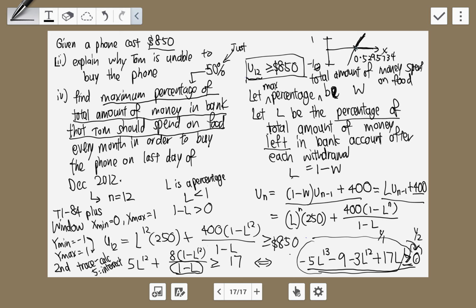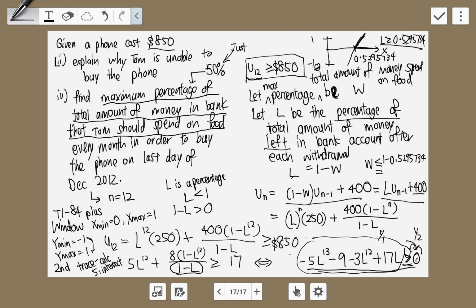So that means my L values would be greater than or equals to 0.5295734. And that means the percentage left is this, so the maximum percentage of withdrawal, W, should be less than or equals to 1 minus 0.5295734.